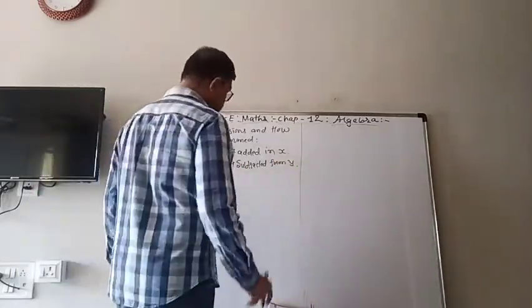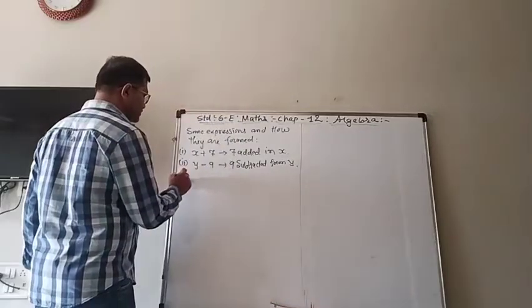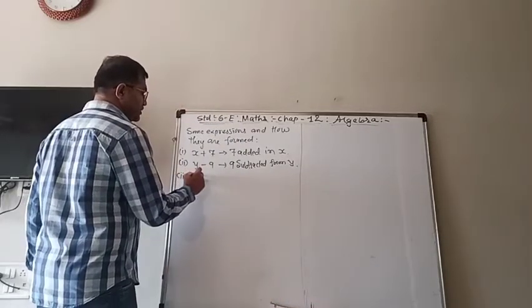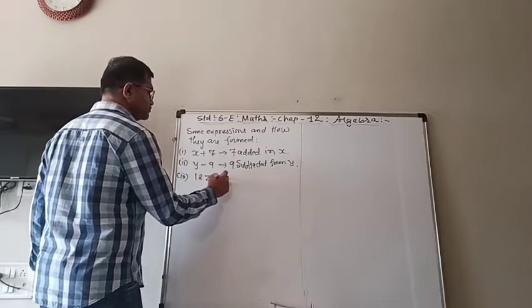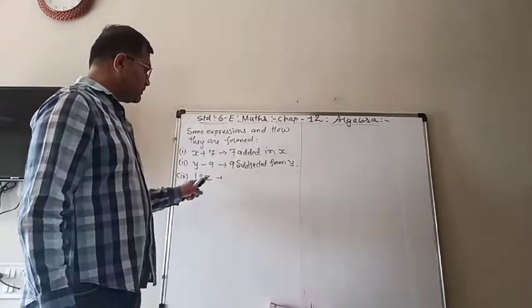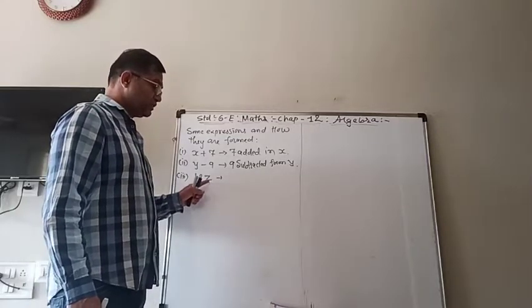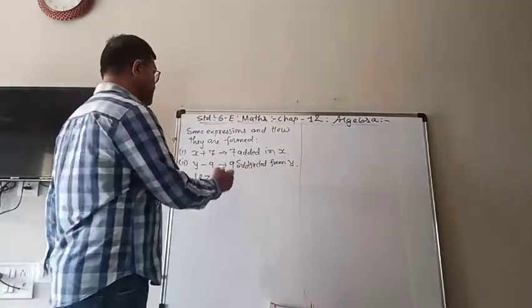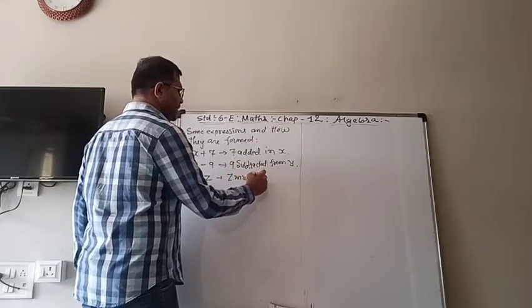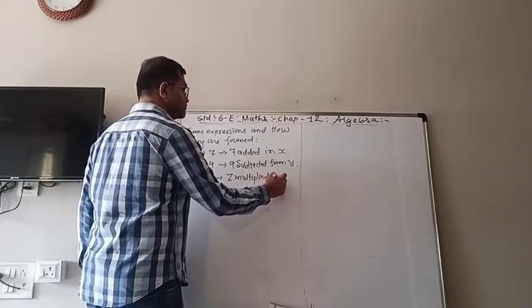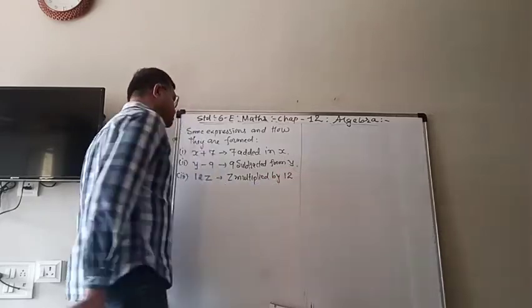Then you can do multiplication also. Say 12z. Here what did we do? We multiply the z by 12. So z multiplied by 12.